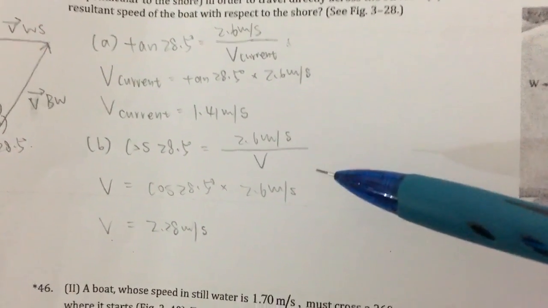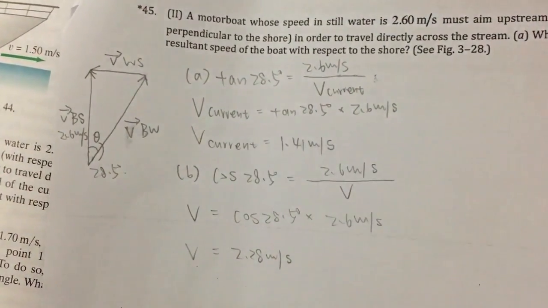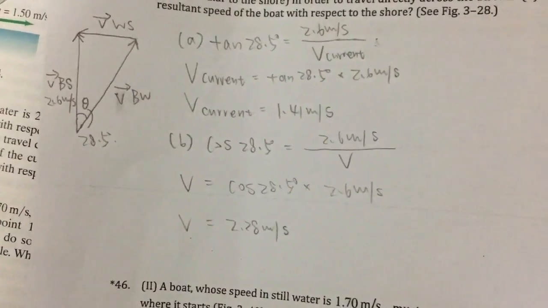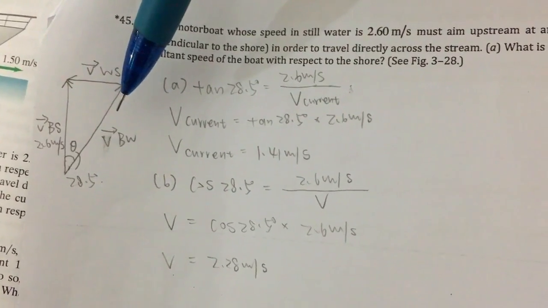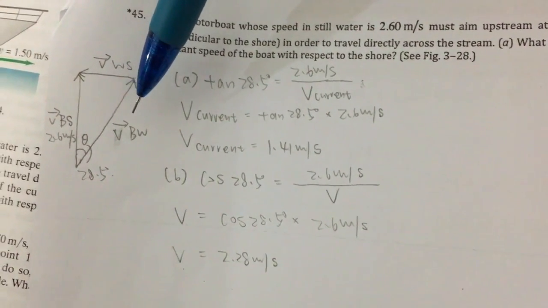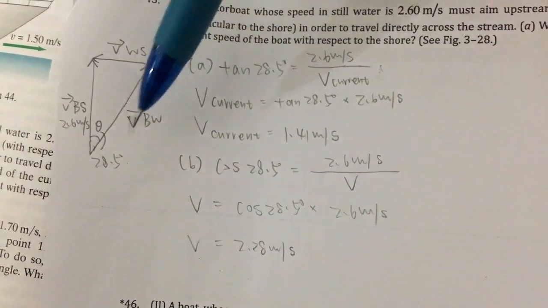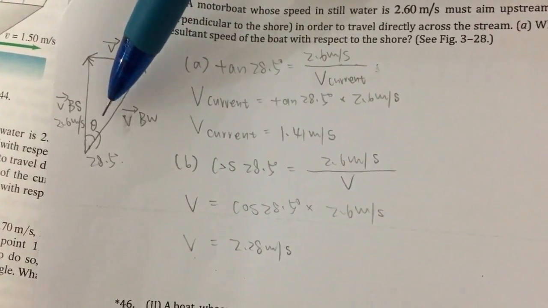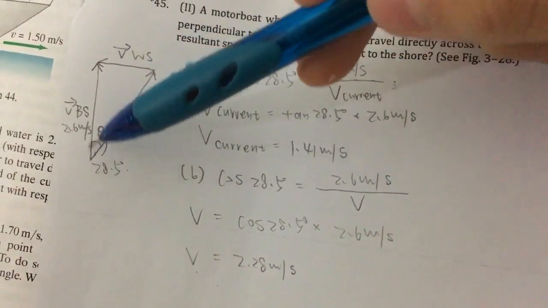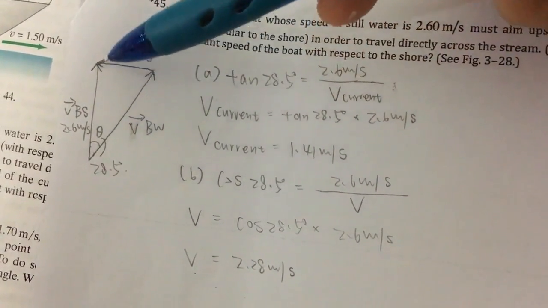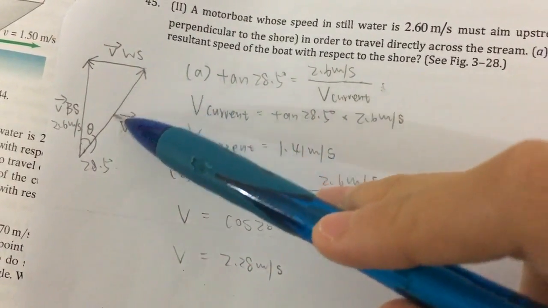Now for the second question, we can know the velocity of BW is the speed of the boat with respect to the shore. So we can know from this picture that cosine 28.5 degrees is equal to the initial speed divided by velocity BW.